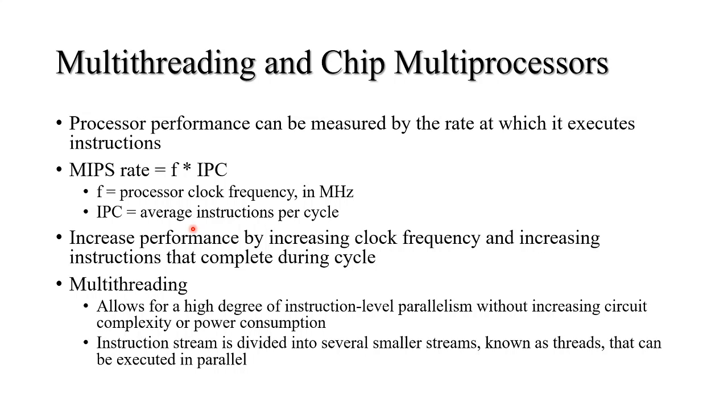Accordingly, designers have pursued increased performance on two fronts: increasing the clock frequency, and increasing the number of instructions executed, or more properly, the number of instructions that complete during a processor cycle.